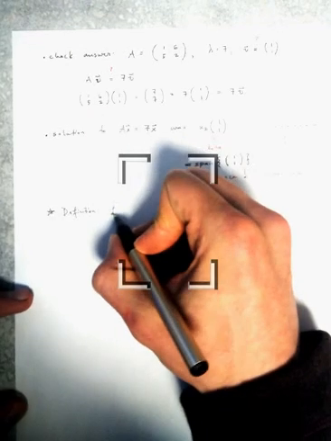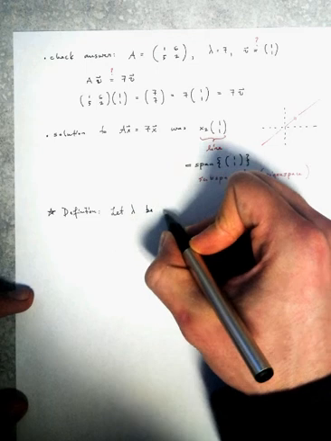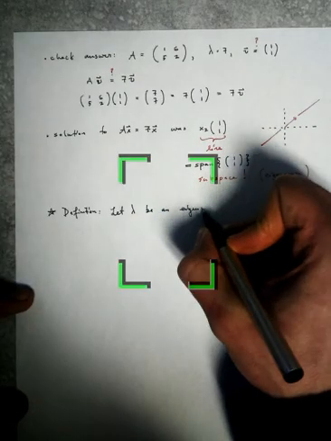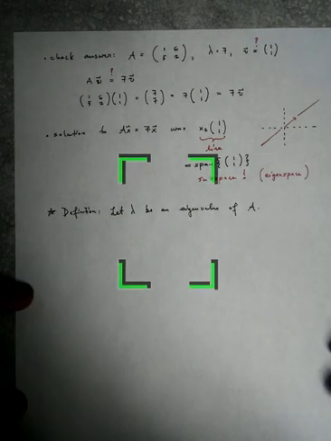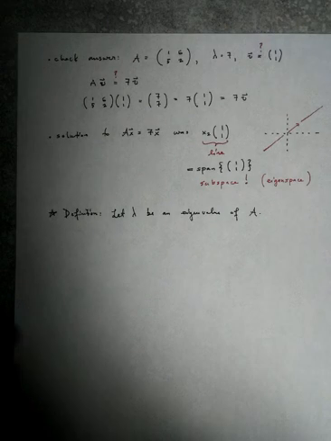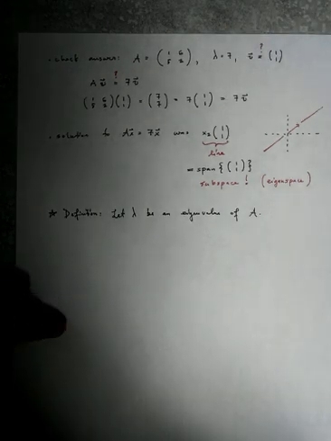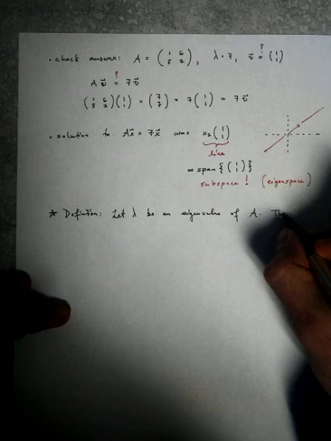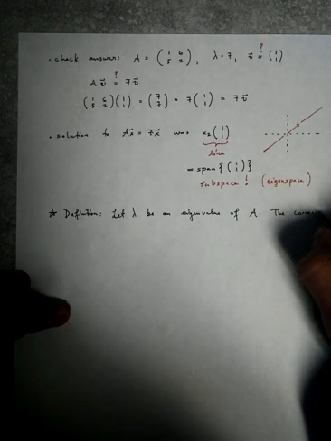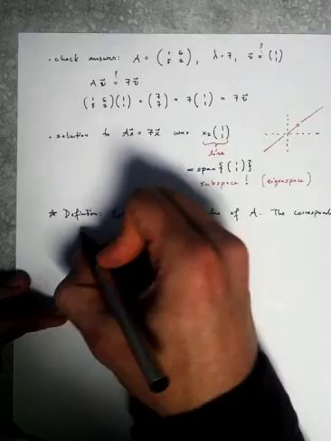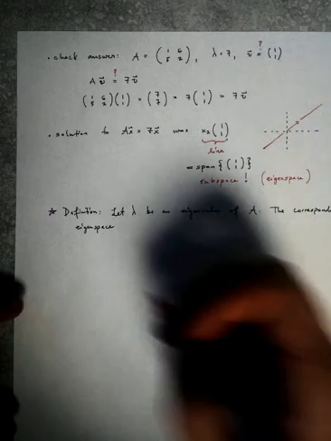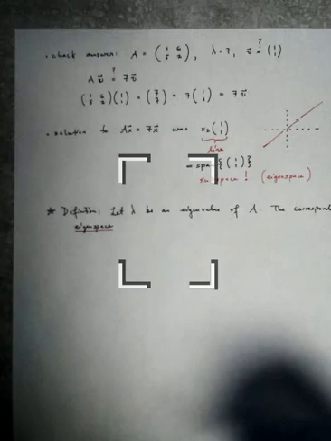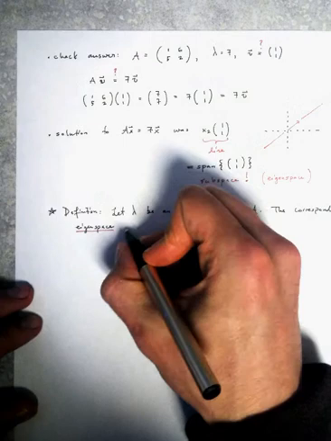I'm going to take an eigenvalue of A, just like in the last example, where my eigenvalue was 7. I'm defining the eigenspace of this eigenvalue.